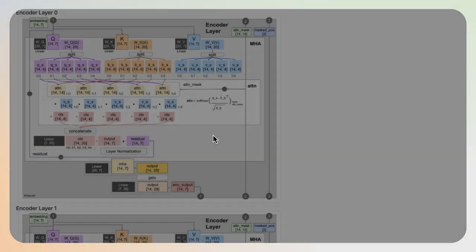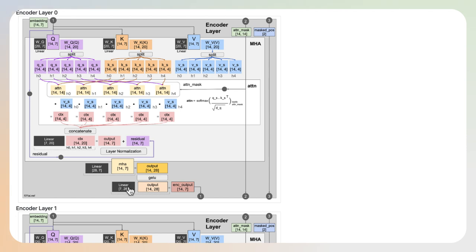Next, we apply another linear weight matrix to the MHA to get an output which is better shaped and optimized for further processing and generating the encoder output. After this, we apply a GELU, a Gaussian error linear unit activation function.